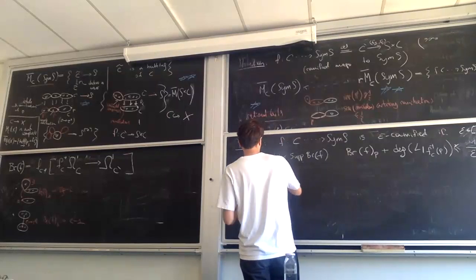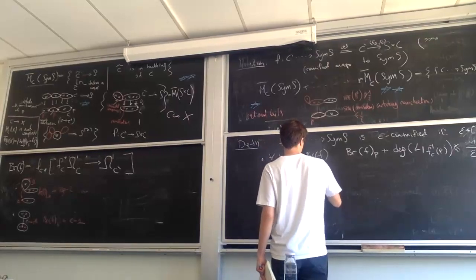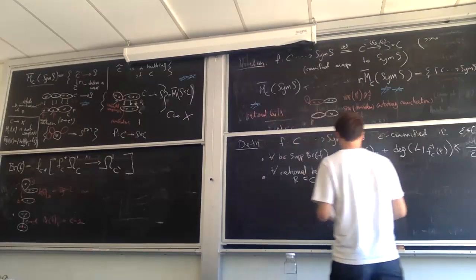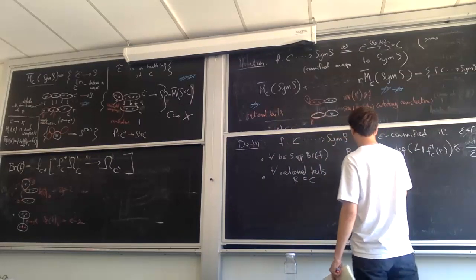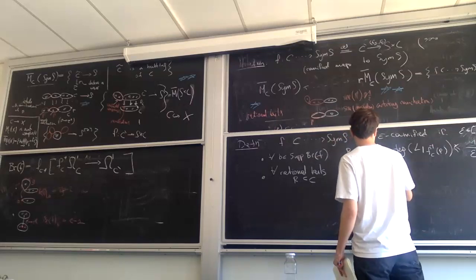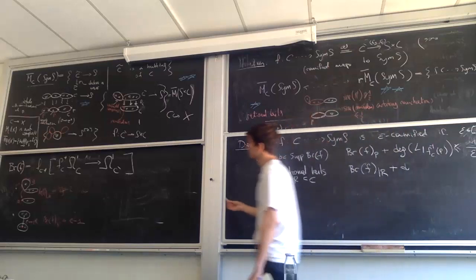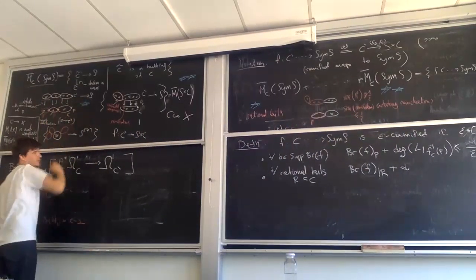And then also, for all rational tails in C, when you restrict this to the rational tail, you add the degree of these with respect to the line bundle L, which is some ample line bundle.